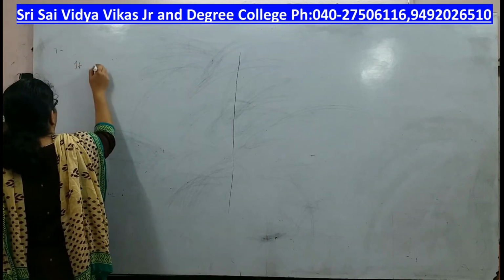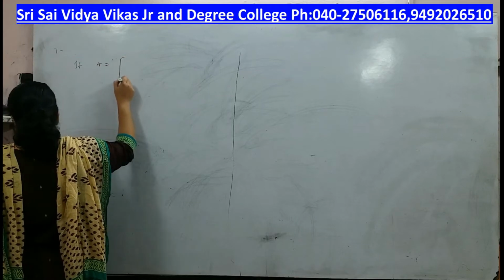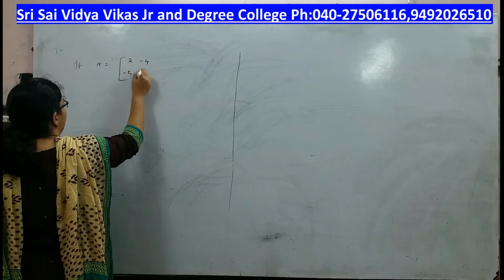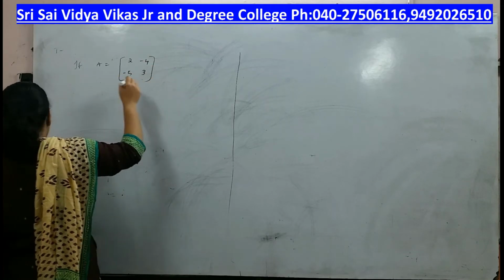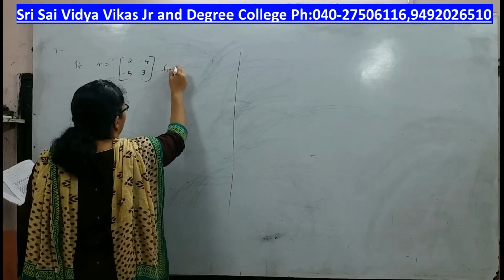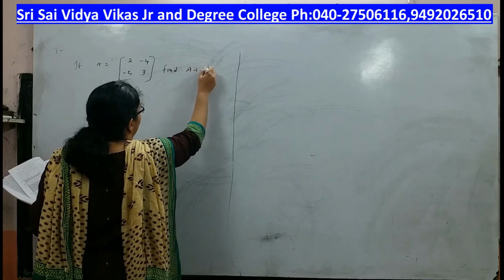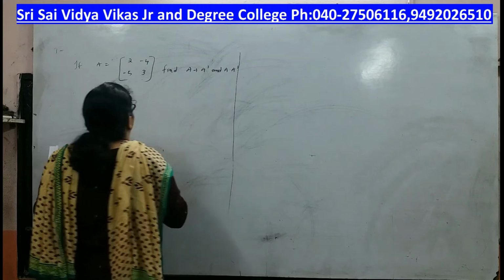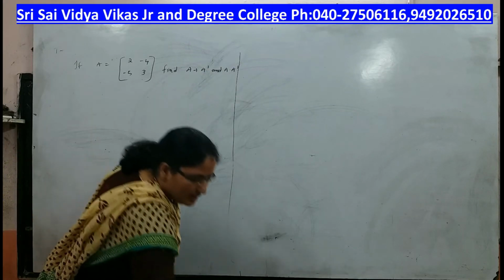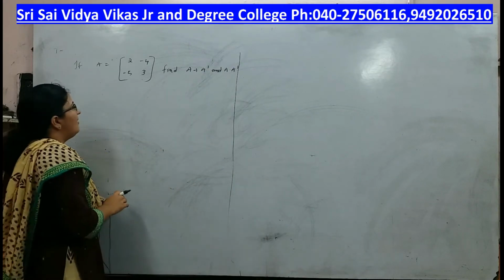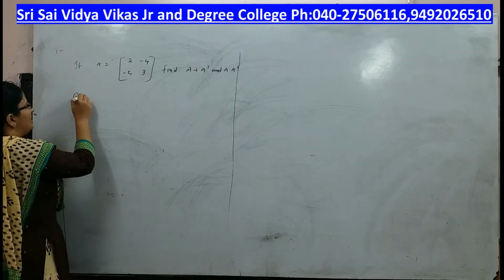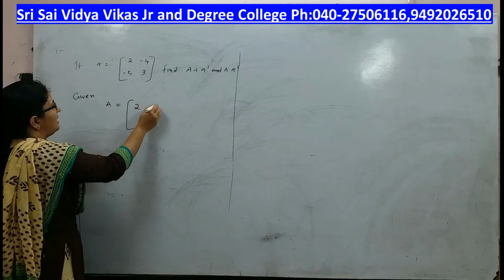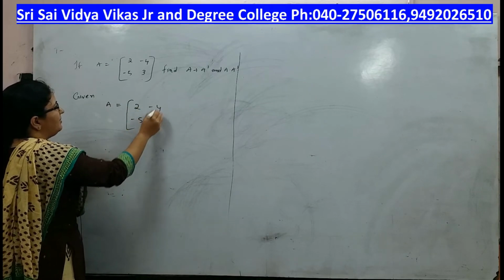If A is equal to 2, minus 4, minus 5, 3, find A plus A transpose and A into A transpose. Here you are given A equal to 2, minus 4, minus 5, 3.